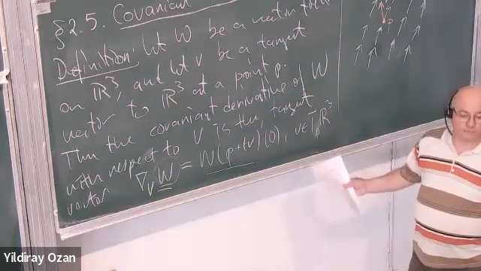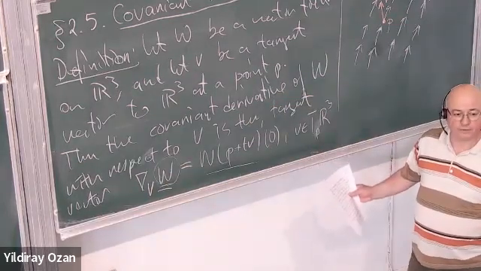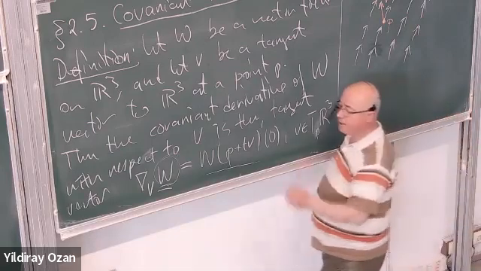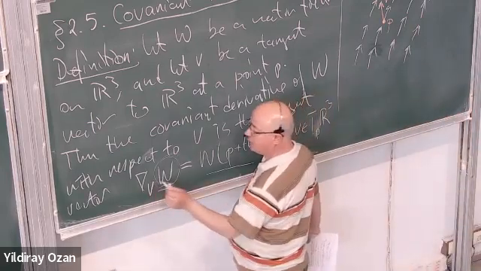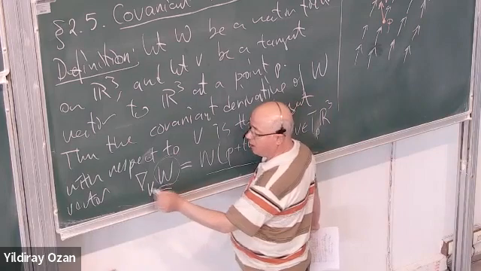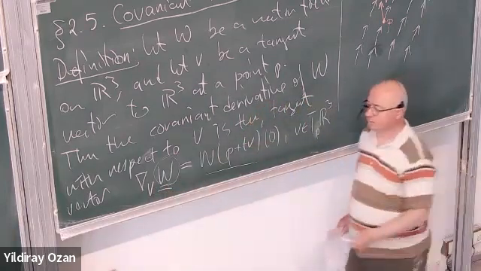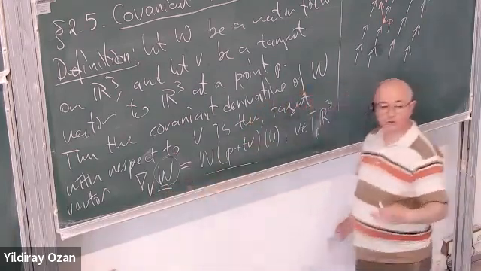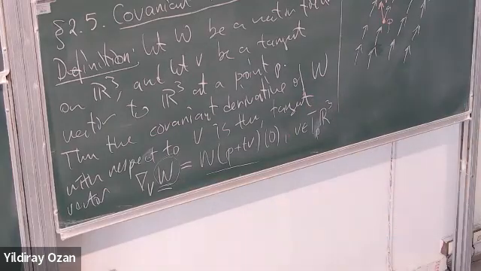A function of vectors. So it's a vector field. Again I am taking the derivative of a function along some vector, but this function is also a field of vectors. So we are taking derivatives of vector fields along vectors.